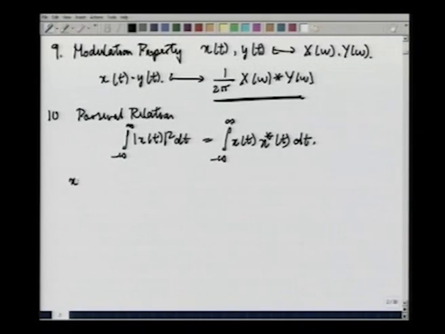Now, x*(t) is the inverse transform of X*(−ω). Let me just rewrite that part.